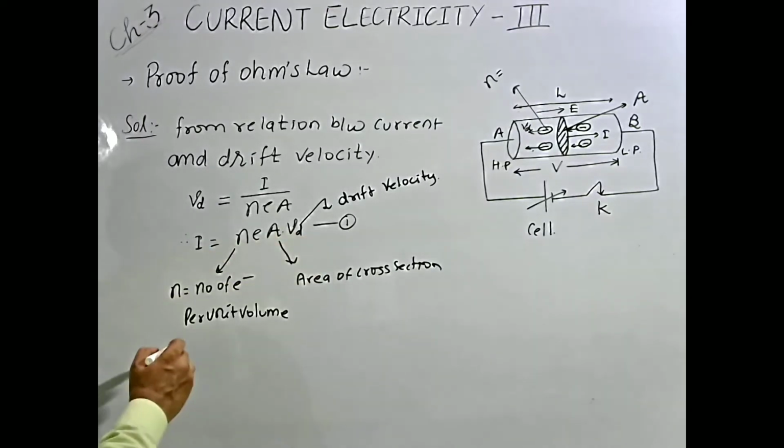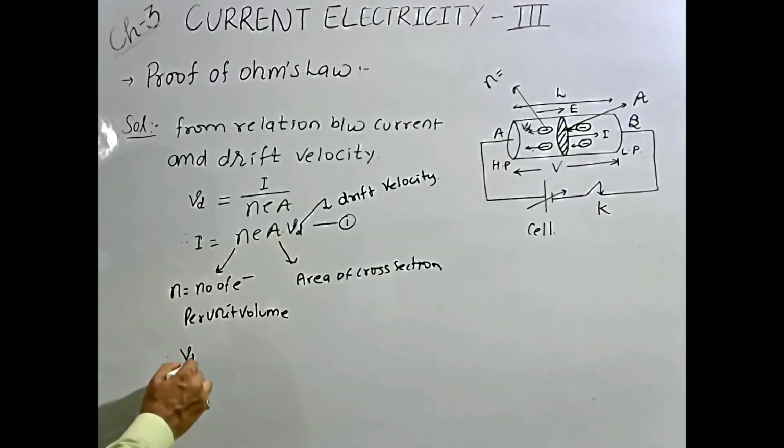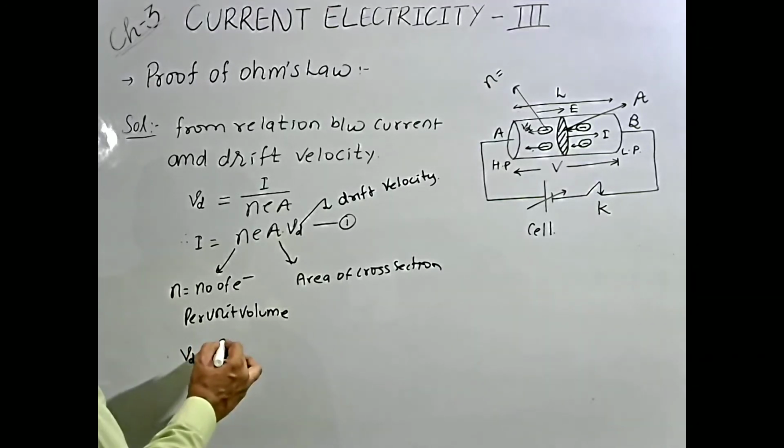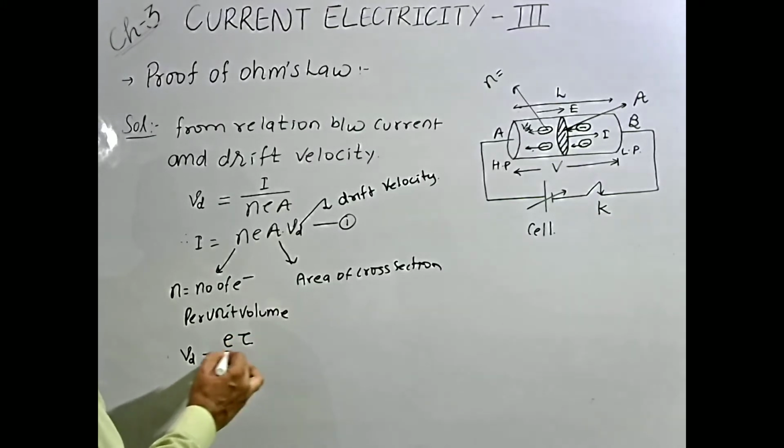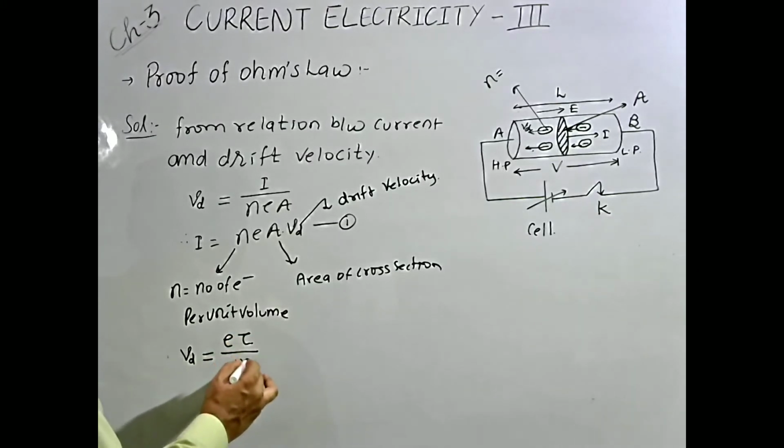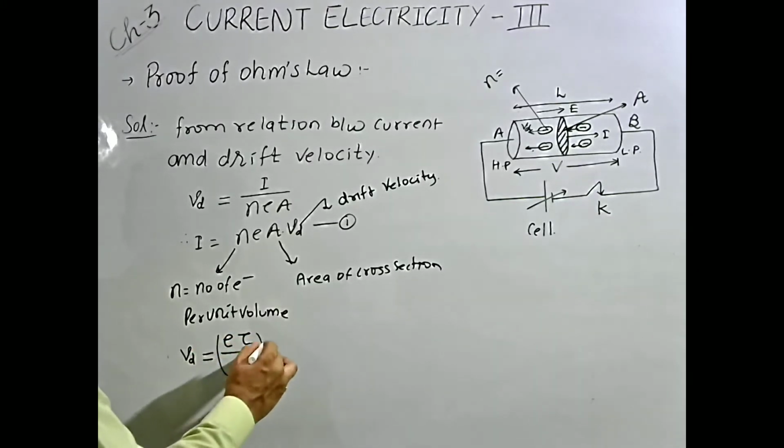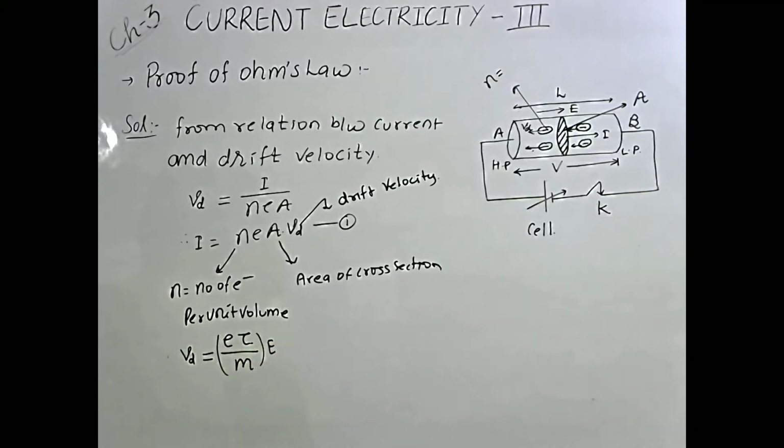Now we know that drift velocity Vd is equal to E tau upon m into capital E. Clear?